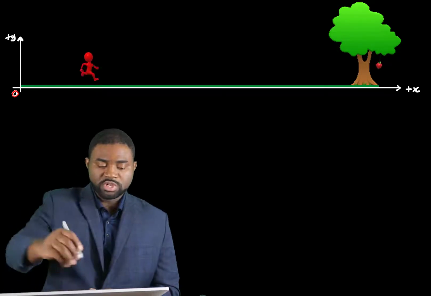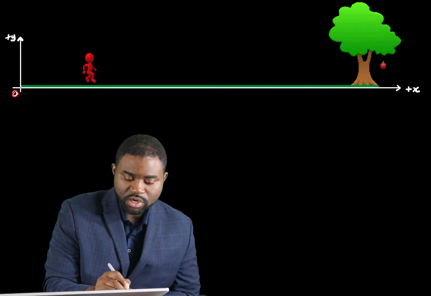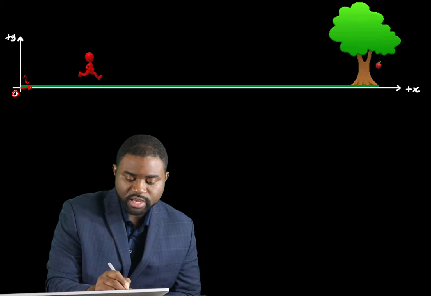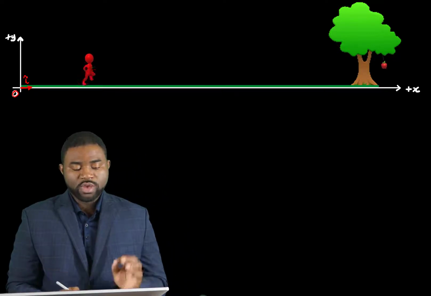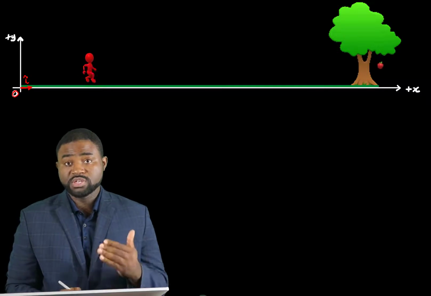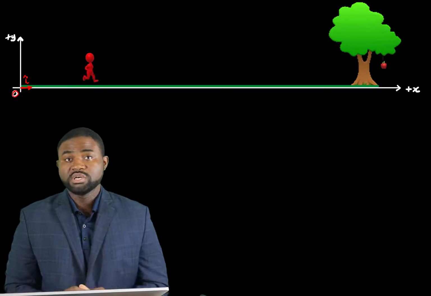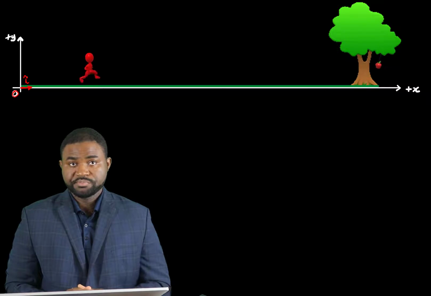So in this particular case, I'm going to introduce a unit vector in the x direction. This is i hat. Any vector quantity that is accompanied by this unit vector is directed along the x direction. That is what it means.